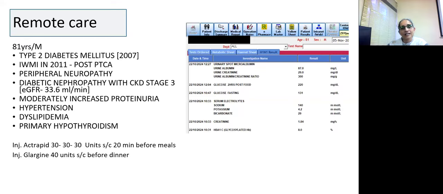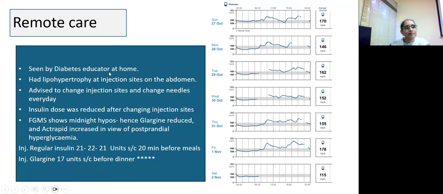His HbA1c was 8%, his creatinine was going up, and he was on nearly 120 units of insulin per day. Despite that, his sugars were not controlled, and he had problems related to that. So we requested one of our diabetes educators to put on a CGM, a flash glucose monitor, for him at home.